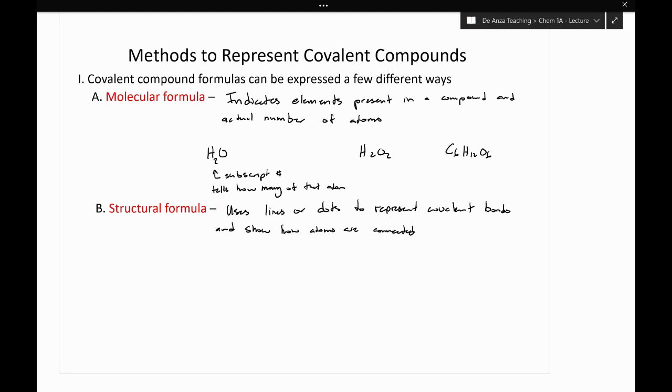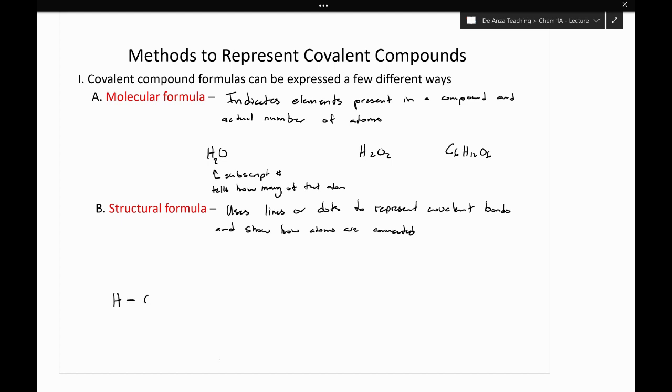Because when we just show things in the molecular formula, we don't know: is it hydrogen connected to oxygen, or is it two hydrogens connected to the oxygen? We have to be a little bit more specific, and we do that using the structural formula.